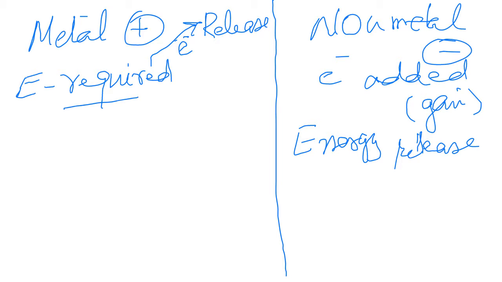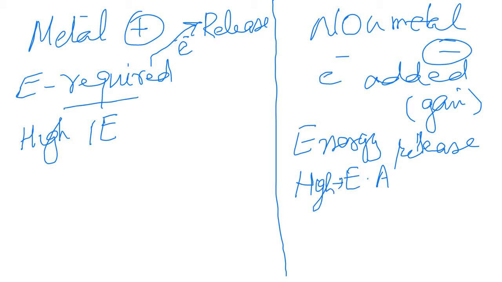Metal has high ionization energy. Non-metal has high electron affinity. Is this difference clear? Yes, sir. Here the electron is released and energy is required.